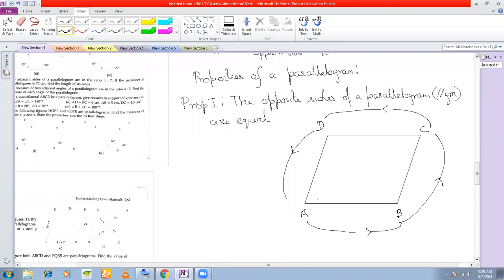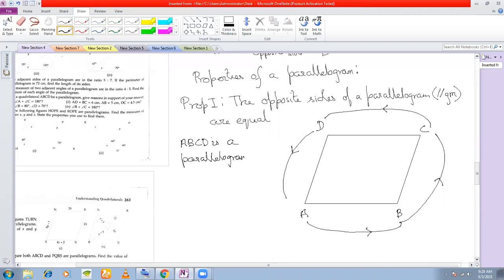Okay, try to give the labels in this manner, always in the anti-clockwise direction. Even if you are giving it in the clockwise direction, that is also right, but don't give it in any way you want. So whenever you are giving this, you say ABCD is a parallelogram.